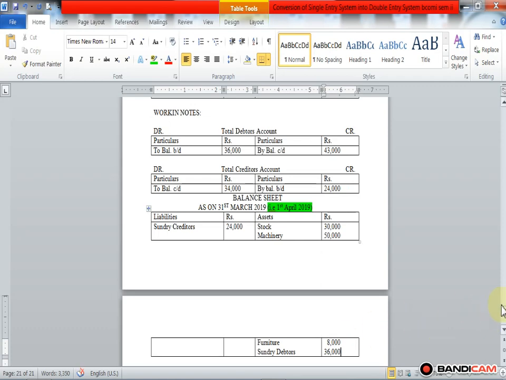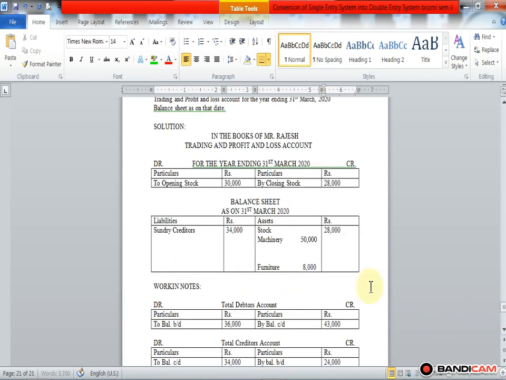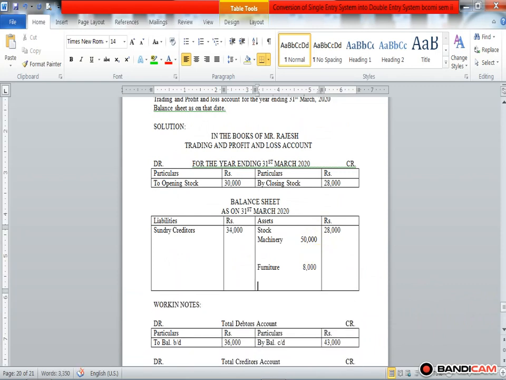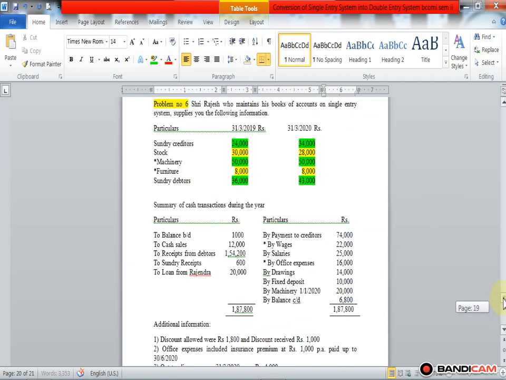Okay, and debtors closing, sundry debtors amounted to rupees 43,000. Okay, then we transfer all the opening and closing balances to the respective accounts.